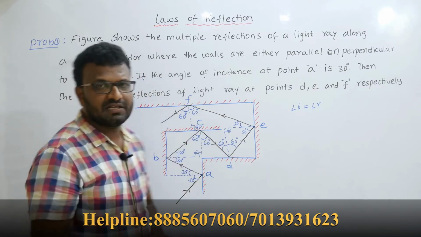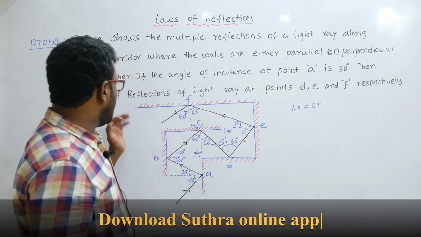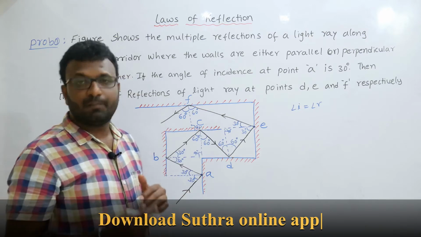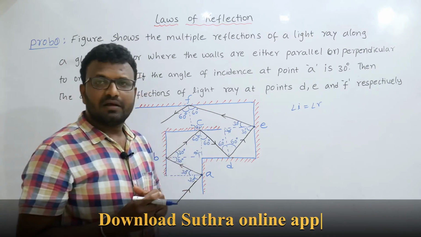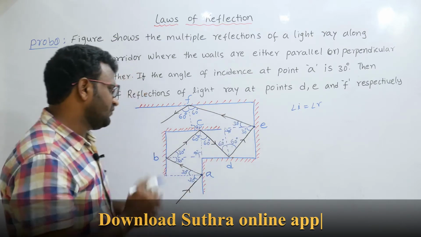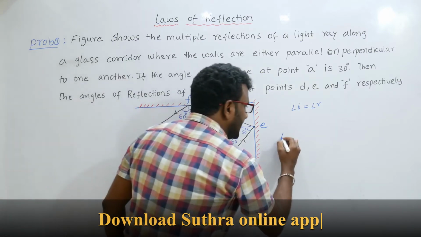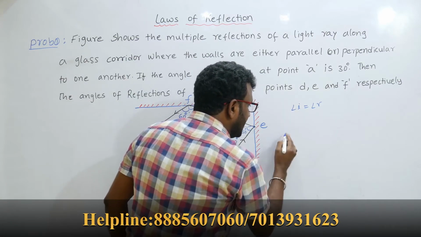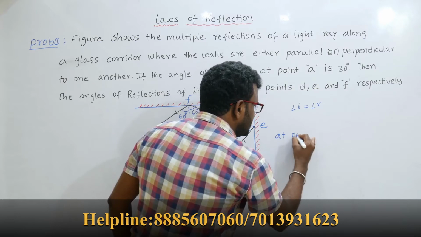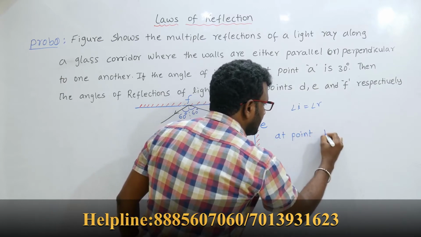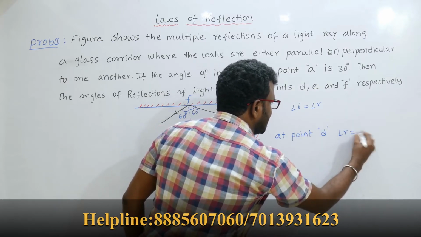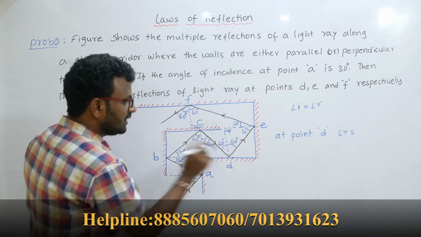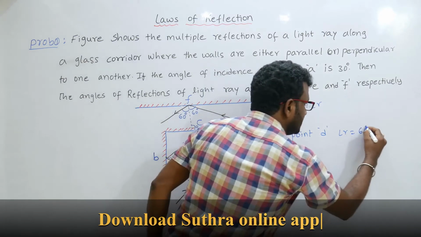Now what is being asked in the question? What are the angles of reflection at the points D, E and F? Now if you observe, at the point D, the angle of reflection is 60 degrees, right.